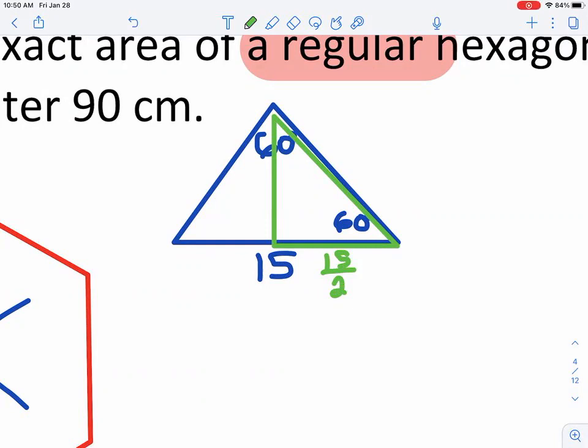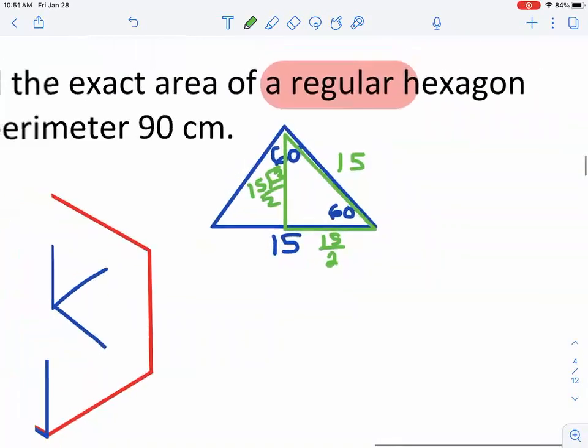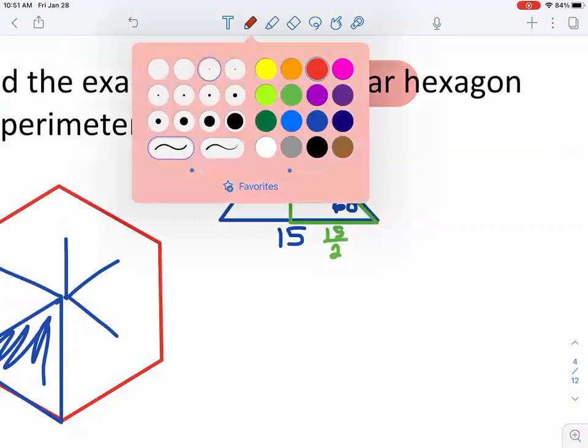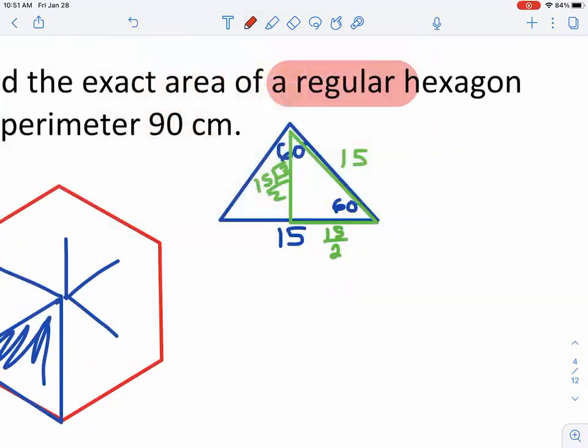The hypotenuse is twice that, which is 15. That makes sense because the big triangle, the blue triangle is equilateral. And the height of it is the base times the square root of 3, or 15 root 3 over 2. So now I have all the information I need to find the area.